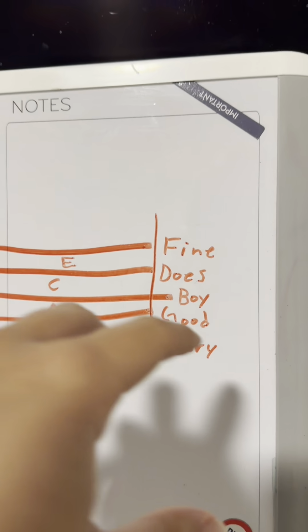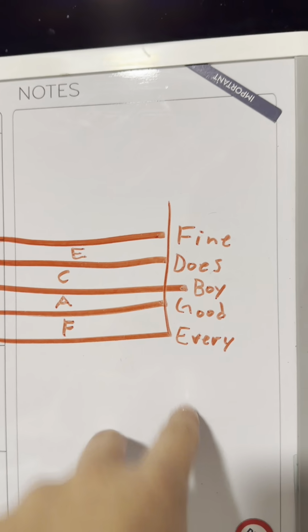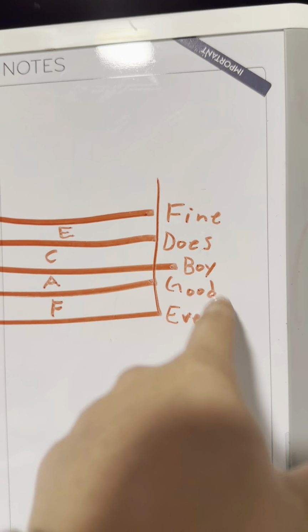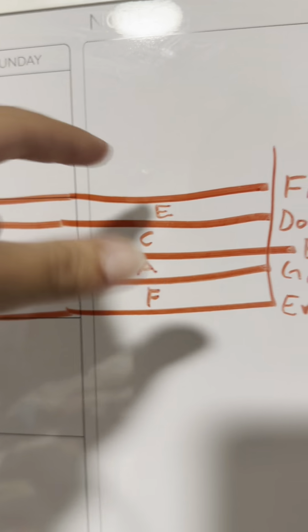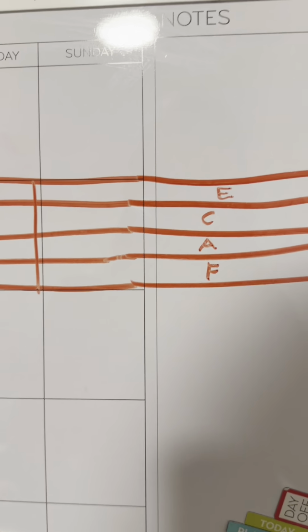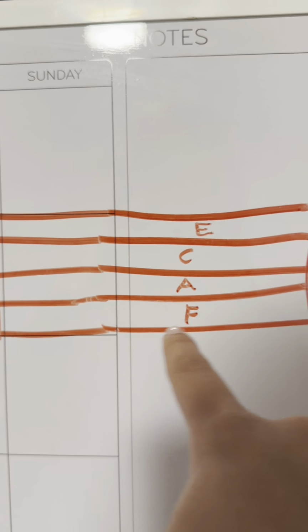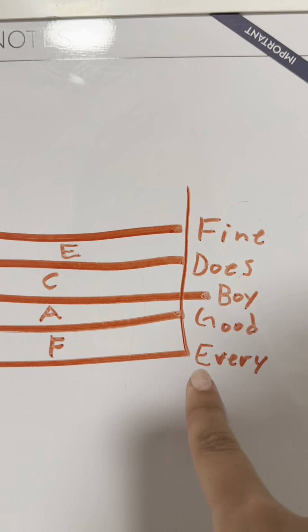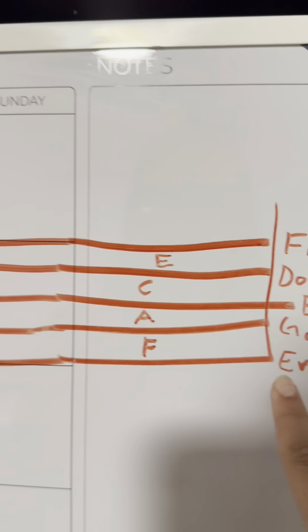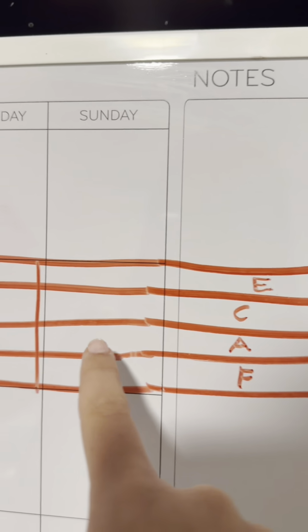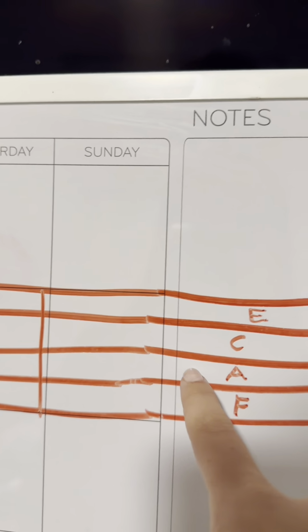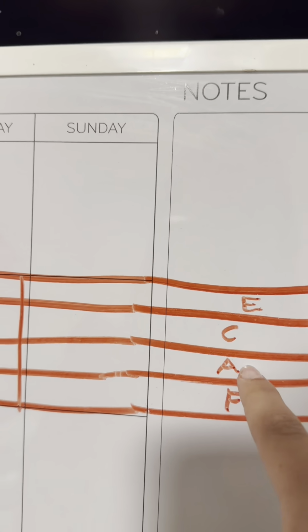Instead of reading from up to down, we're going to read from down to up: every good boy does fine, and then face. So let's say there's a note on this first line. That would mean that note is an E, right? And then let's say there's one in this space right here. That would mean that note is an A.